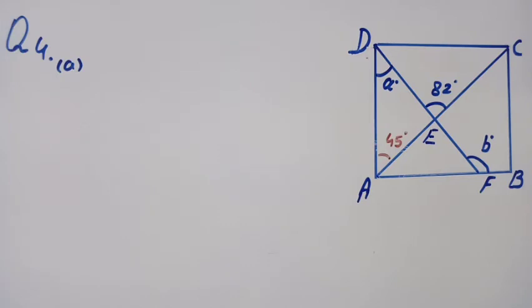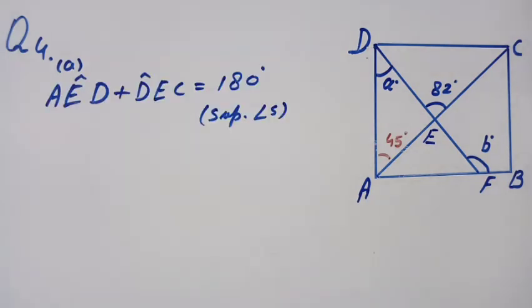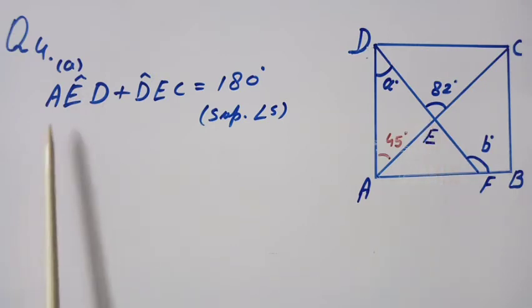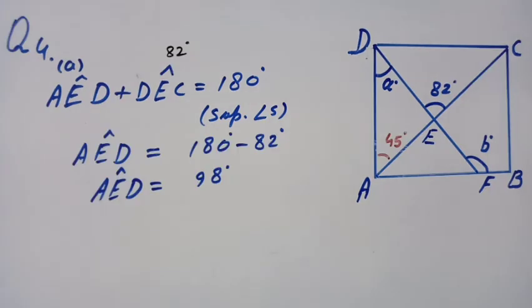Find it out. At the point E, the angle DEA or AED would be 180 minus 82, because these two are supplementary angles. This way we have found AED equal to 98 degree.